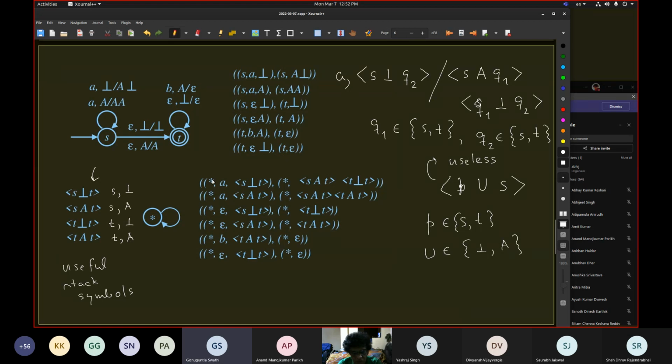Star is not important. It's basically you replace this. This is a non-terminal symbol. Replace this by A followed by this, replace this by A followed by this, and so on.